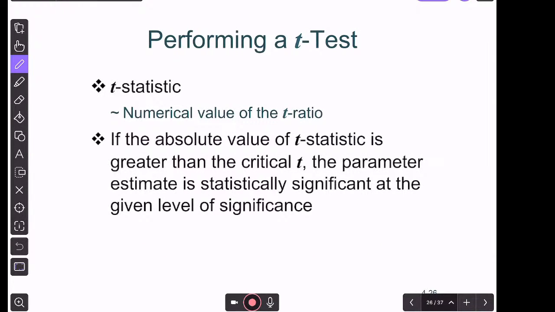So we need to perform this t-test to determine if our slope is meaningful, if there's really a trend. The approach is, if the absolute value of the t-statistic, the number of standard deviations from the mean, is greater than the critical value t, the parameter estimate is said to be statistically significant at the given level of significance.